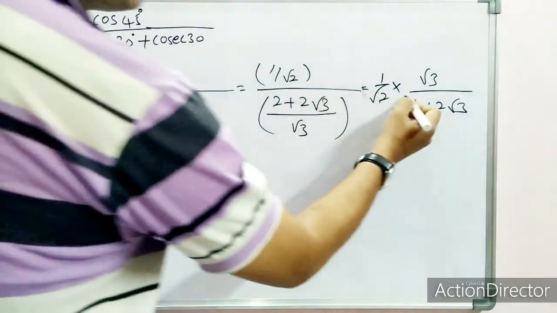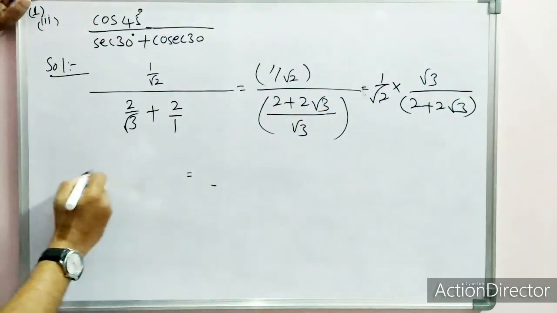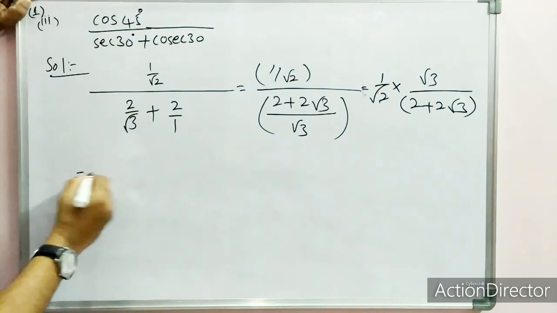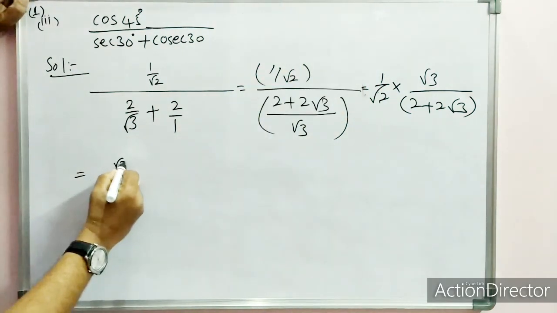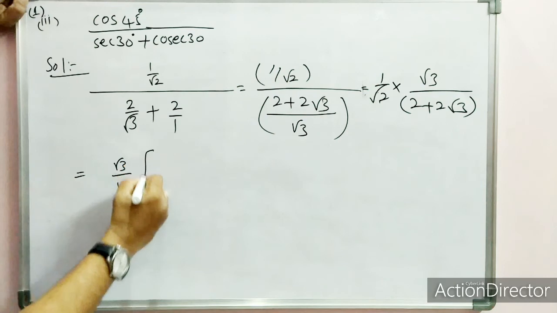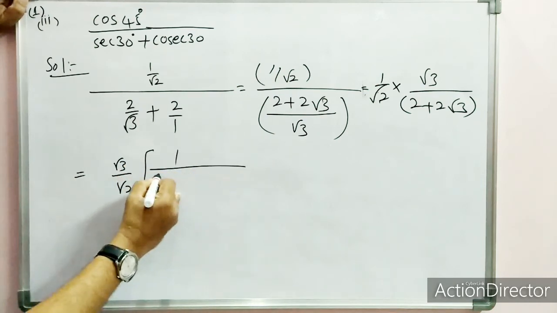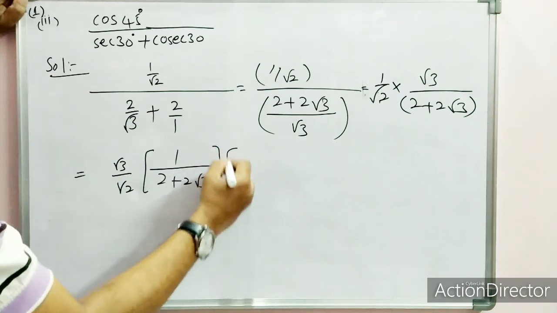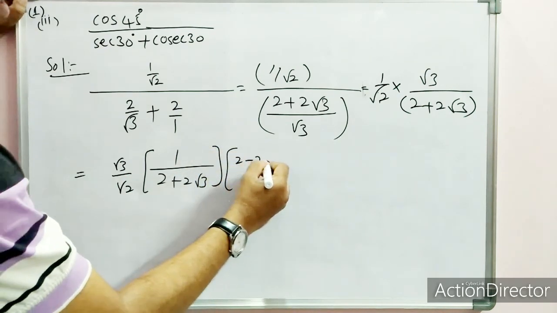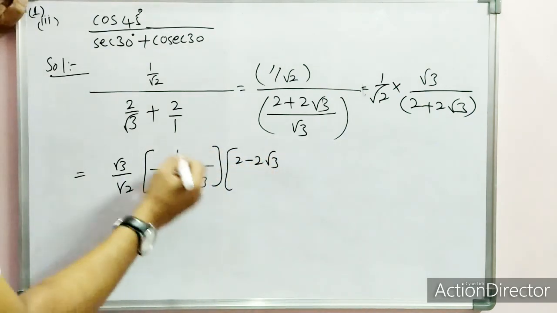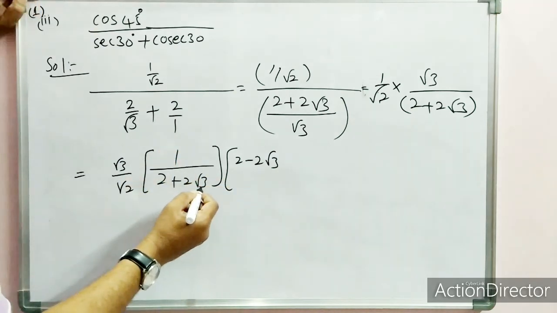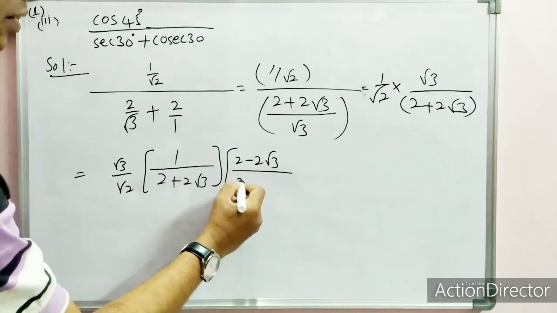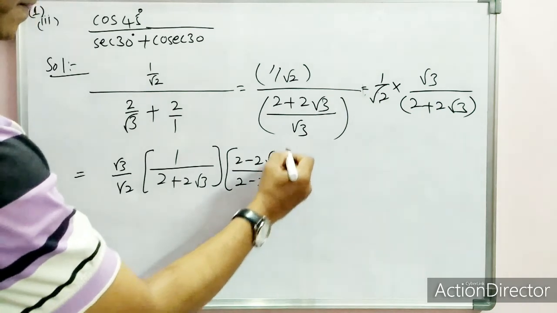Now you see, rationalizing the denominator. The numerator value becomes root 3 by root 2 and the denominator is 2 plus 2 root 3. So you multiply with 2 minus 2 root 3. To rationalize the denominator, already we have root 3 here, so you multiply with 2 minus 2 root 3.